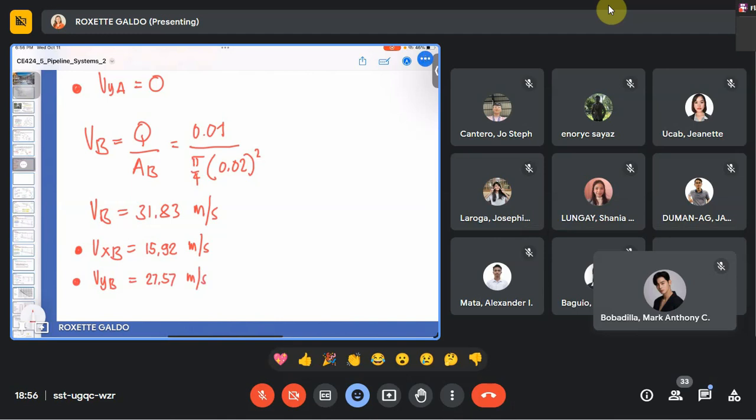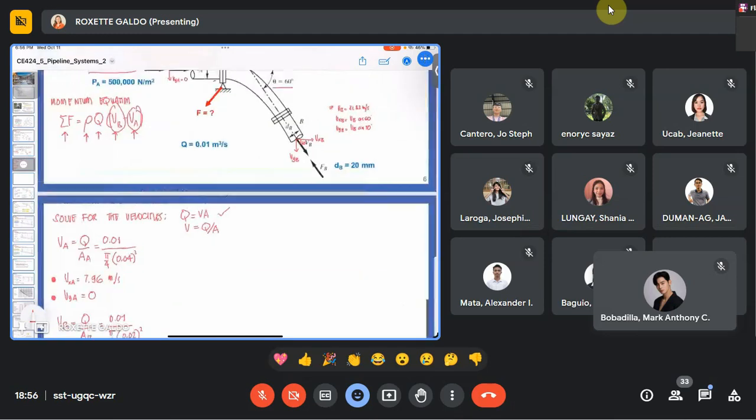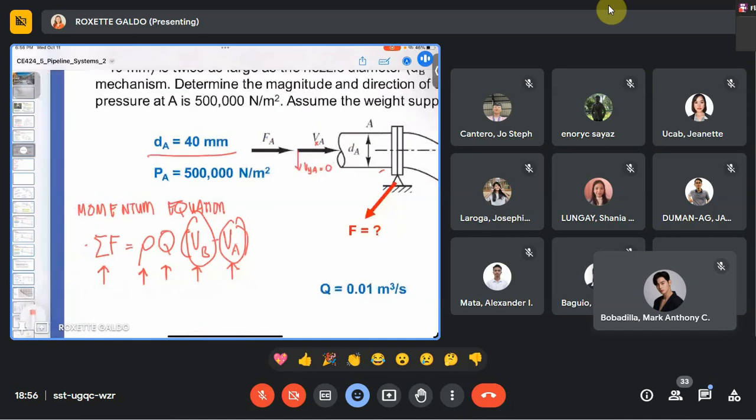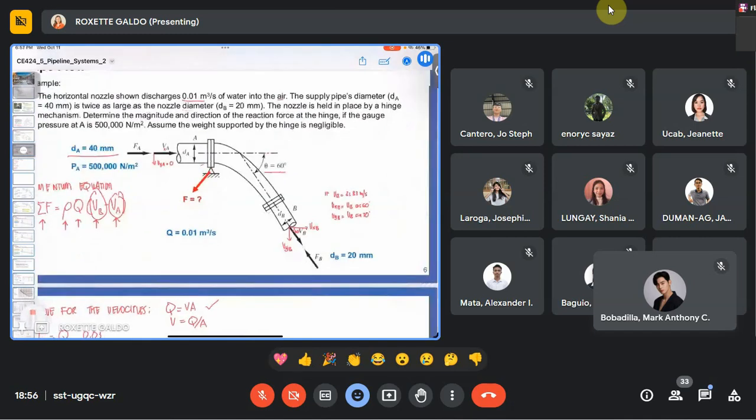So now, going back to the momentum equation, we have solved these velocities. Now let us focus on the force. The force acting on this entire system, the horizontal nozzle, is not only the force at the hinge.